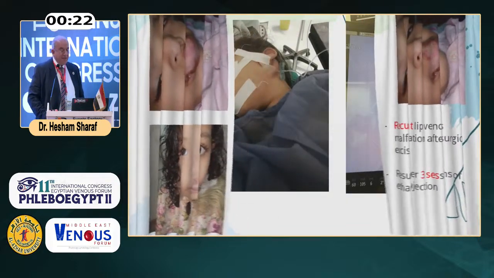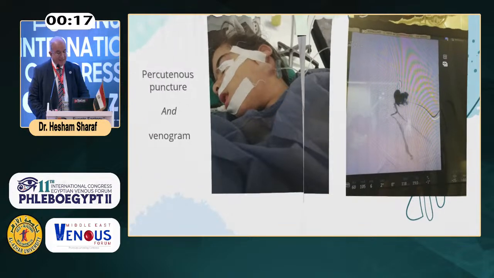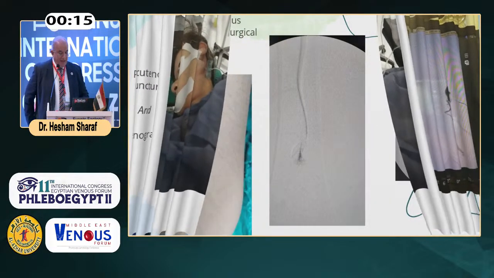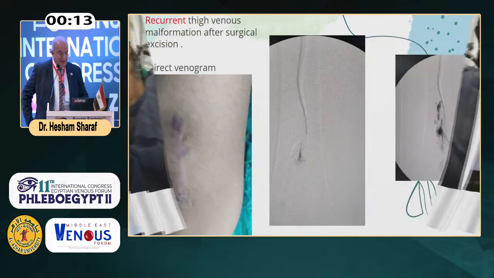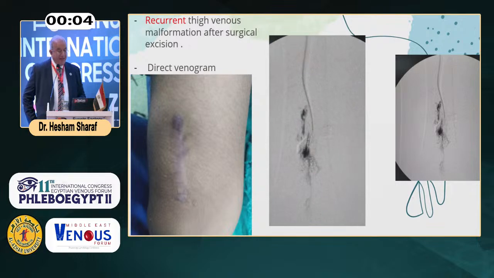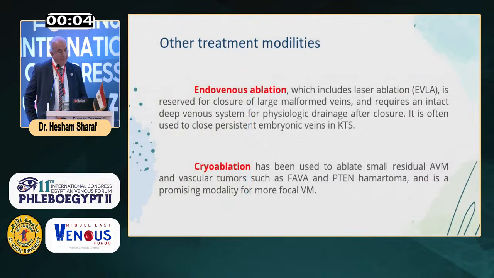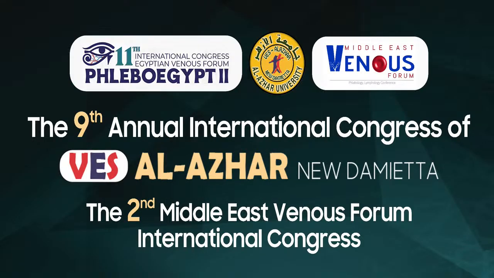Also, another patient with injection of ethanol under general anesthesia, we demonstrate the size of the injected material by injecting the fluorescent agent, then injecting the ethanol through the lesion. You can see the injection of the dye, then injecting ethanol through this lesion, and this is the direct venography. Other treatment modalities: endovenous ablation and cryoablation.